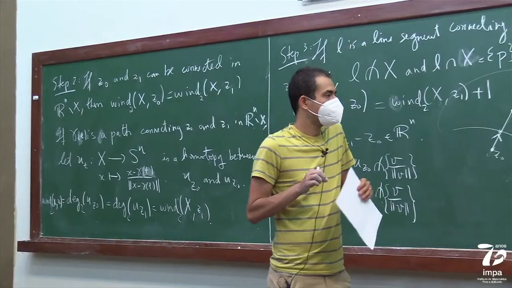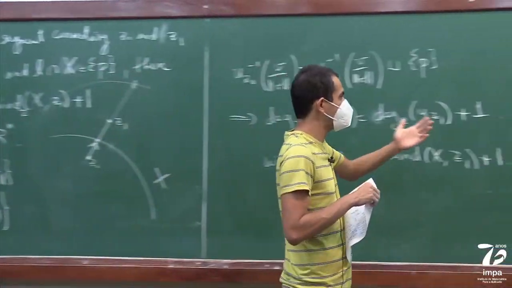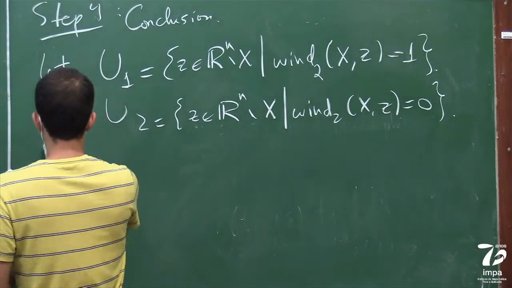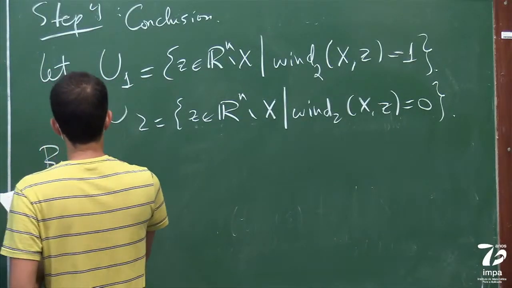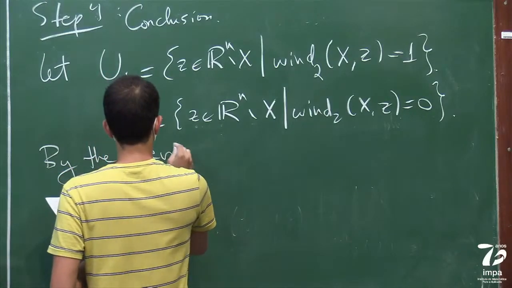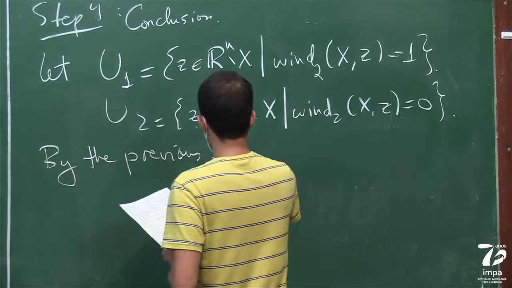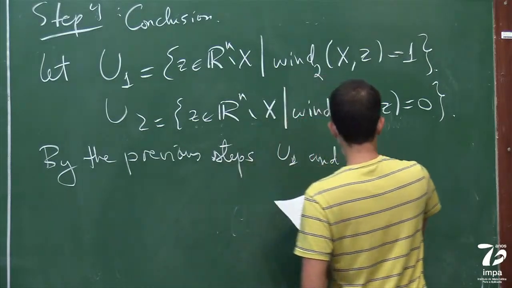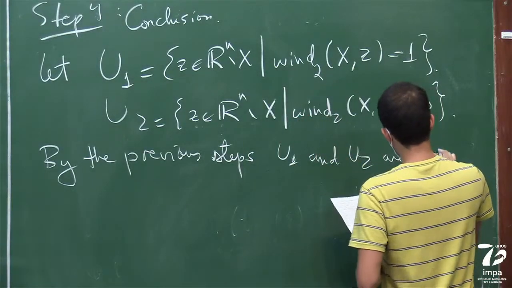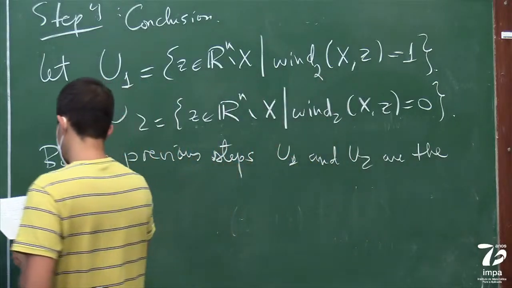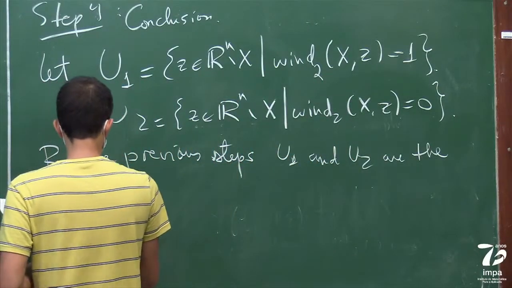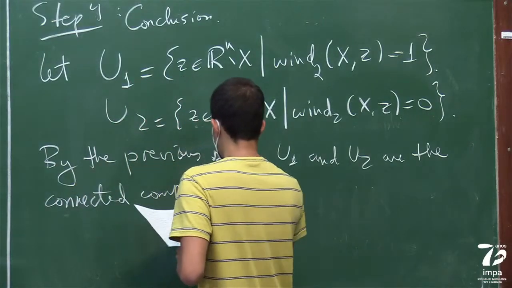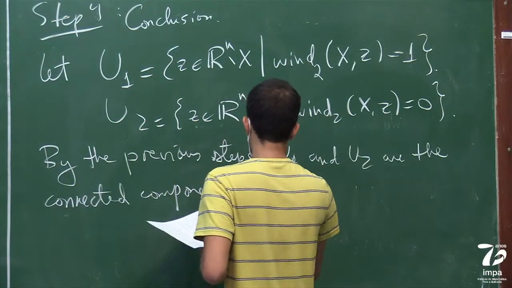So anyway, by the previous steps, U1 and U2 are the connected components of Rn minus X.